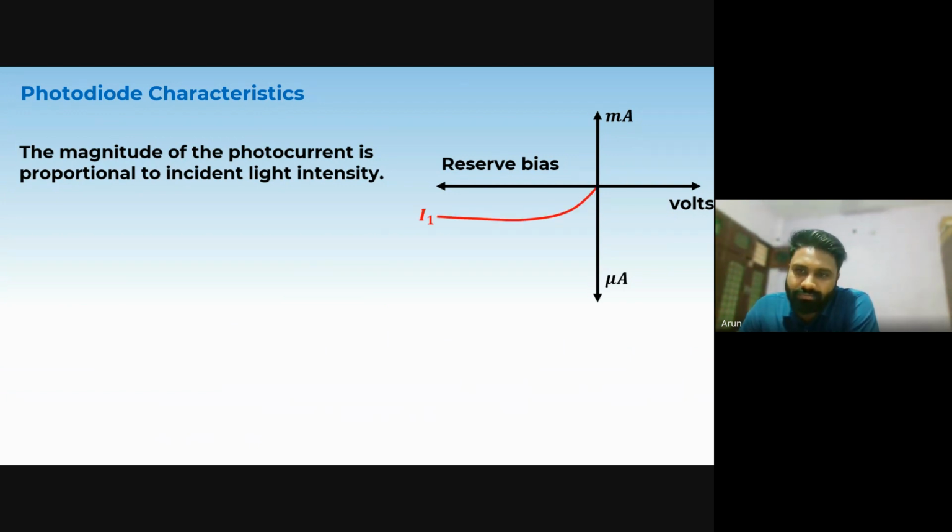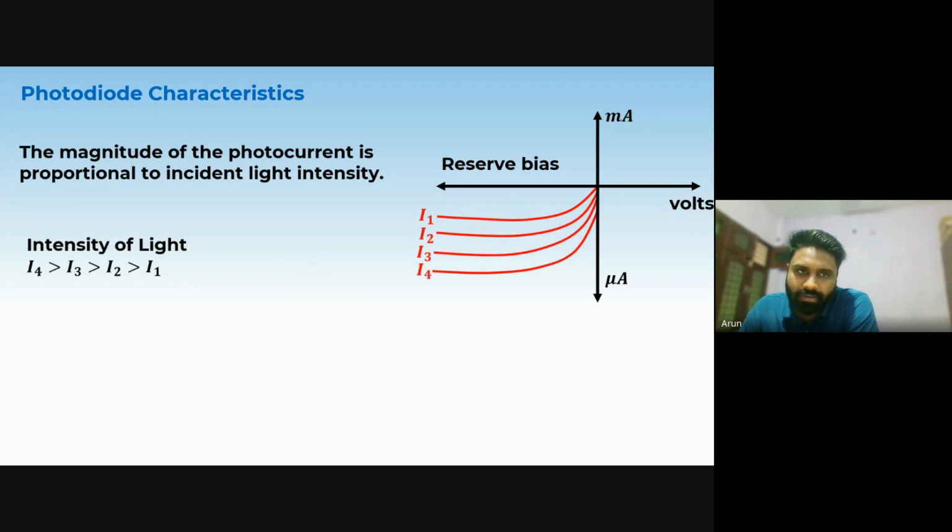So this is the first one, which means we have I1, I2, I3, I4. You can say that I4 is maximum, so the light intensity for I4 is maximum. And I3 is less than I4 but greater than the other two, then I2, then I1. So intensity will vary according to this. Okay.